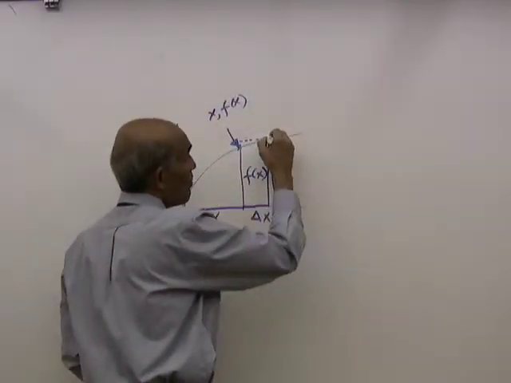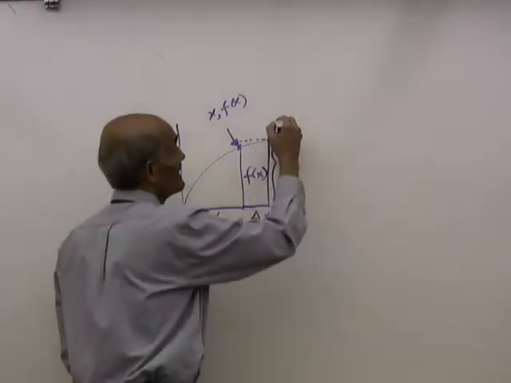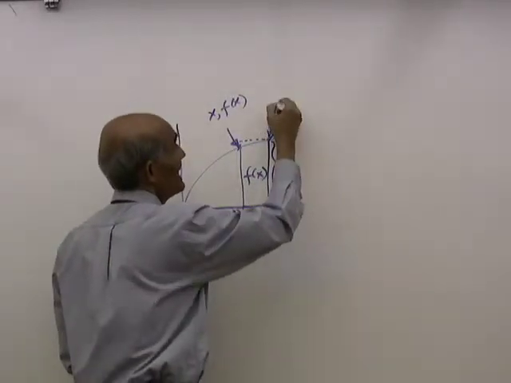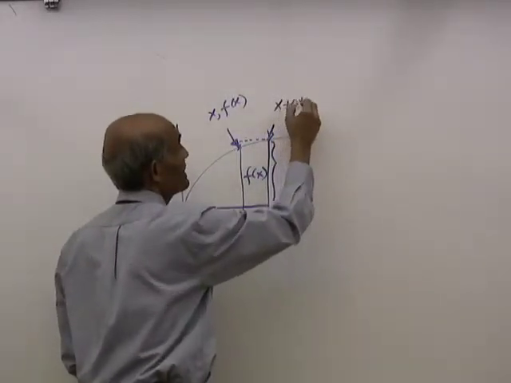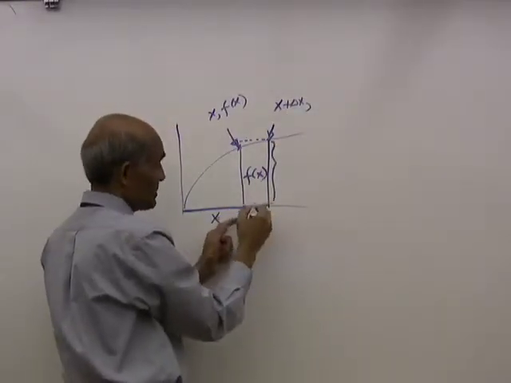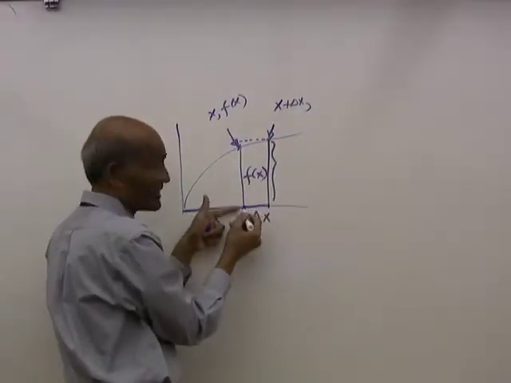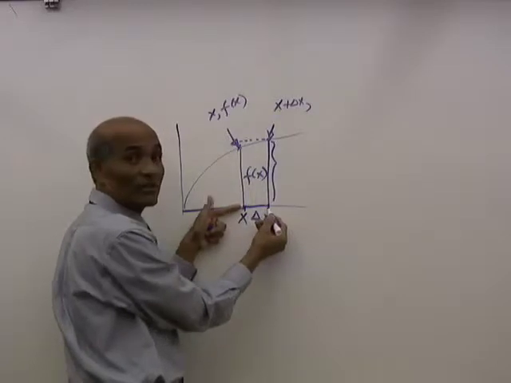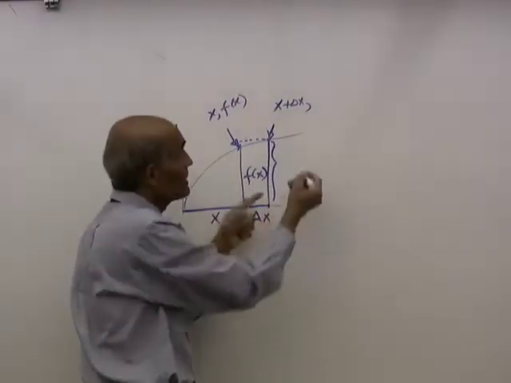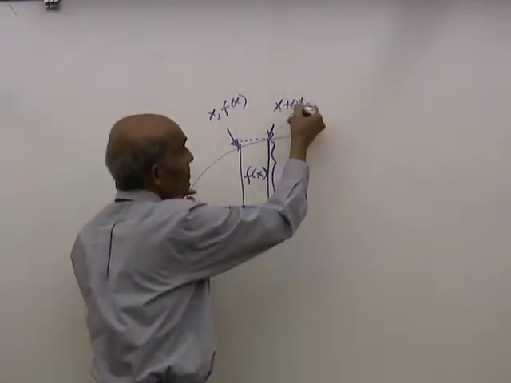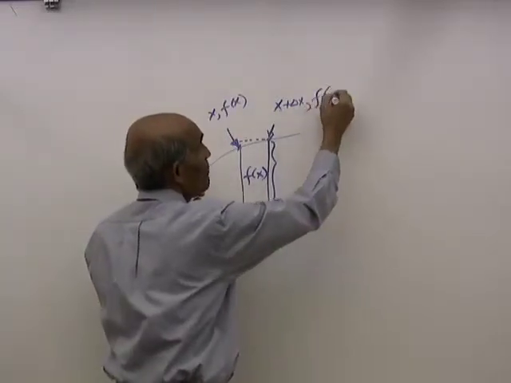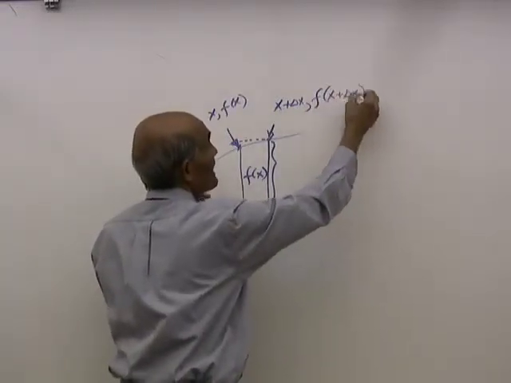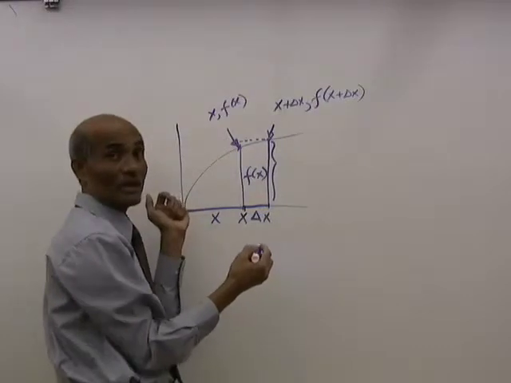What can this point be called? That point will be x plus delta x, is that right? So if this is x, then this x value is x plus delta x. So this point will be x plus delta x, f of x plus delta x. Is that right?